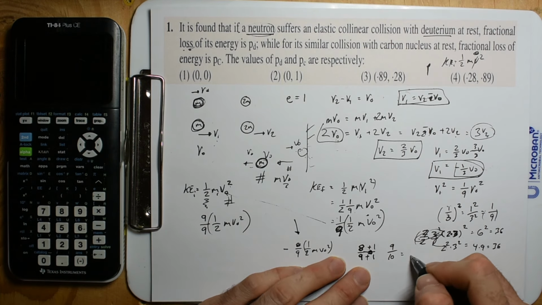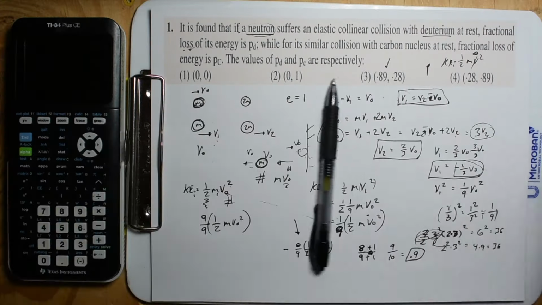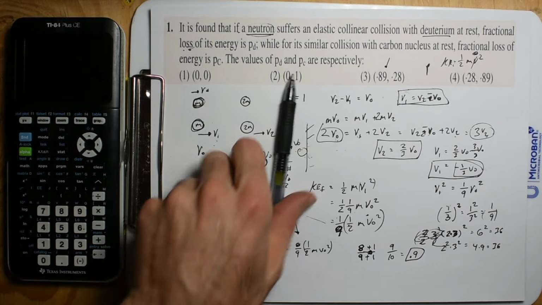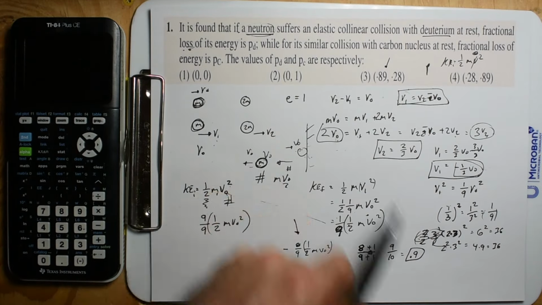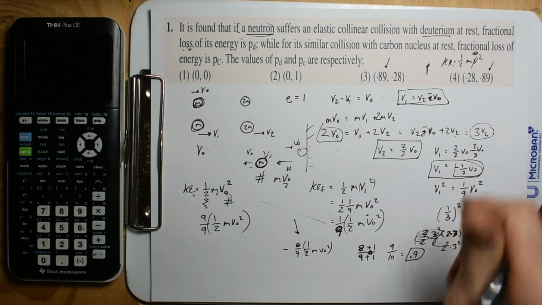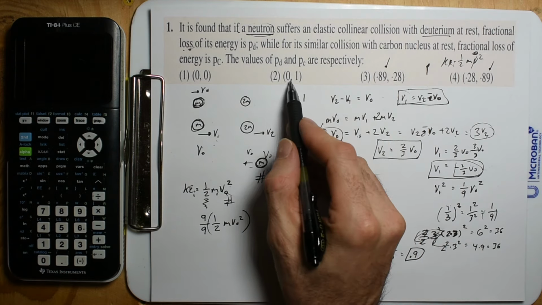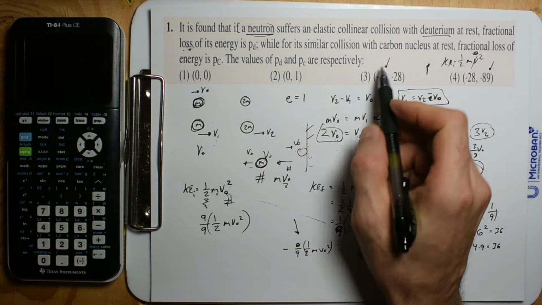So this value right there is close to 0.9, and this value right here is close to 0.9. So the answer is either one of those. And yeah, it was tricky for me. The decimal is right there. It's just a weird place. I thought this was 89 or something and 28, but now the decimal's right there.